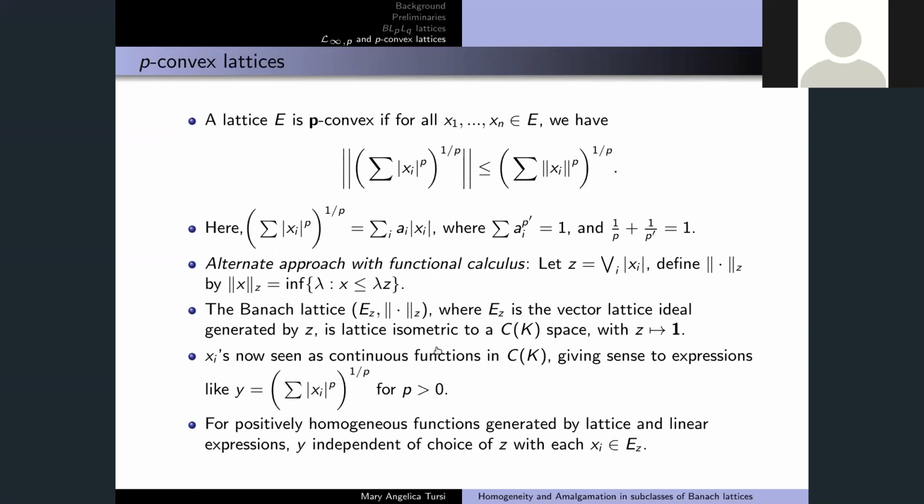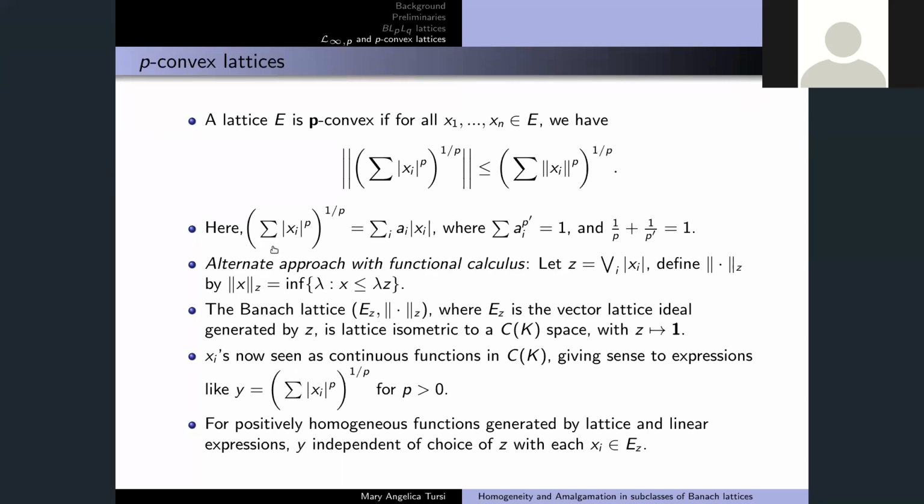And then this vector sublattice equipped with this new norm is going to give us something isometric to a C of K space. And that's going to give us an element that makes sense of this xi to the p summed up and then taking 1 over p of that.